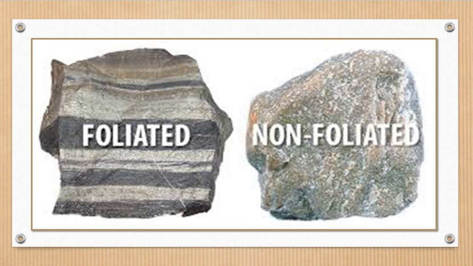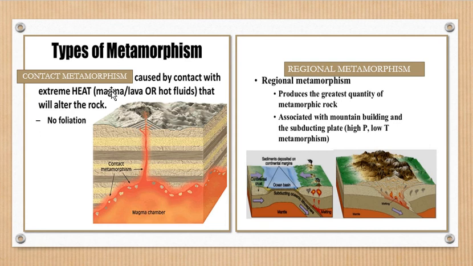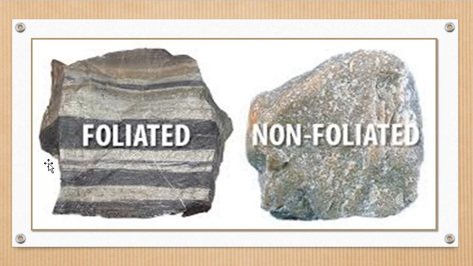The metamorphic rocks formed from contact metamorphism have no foliation, no stripes or flat layers. But if exposed to regional metamorphism, the rocks will be foliated. This will be the physical outlook of the metamorphic rocks. This one is non-foliated.